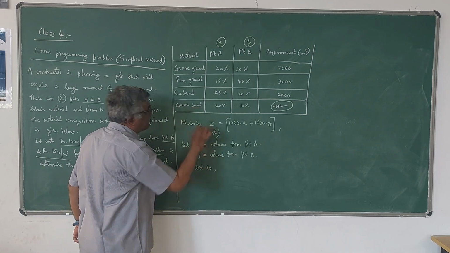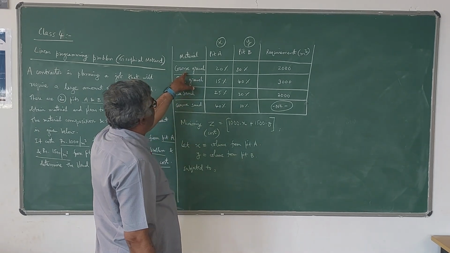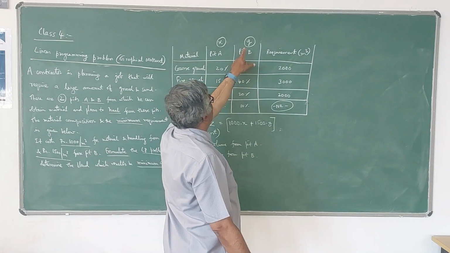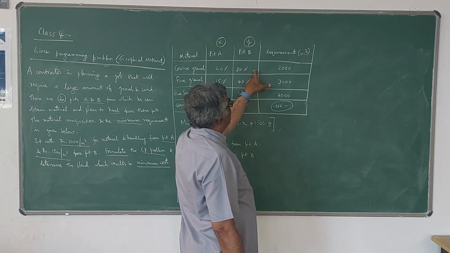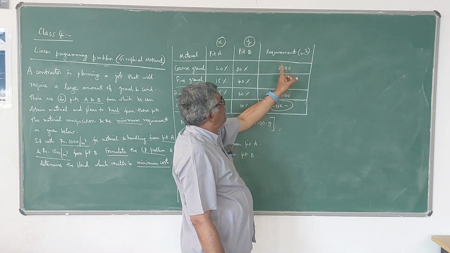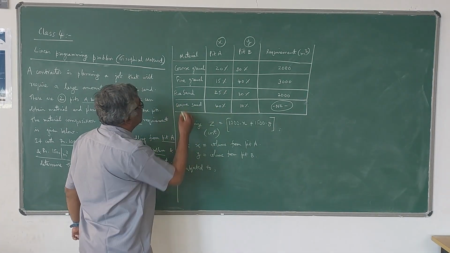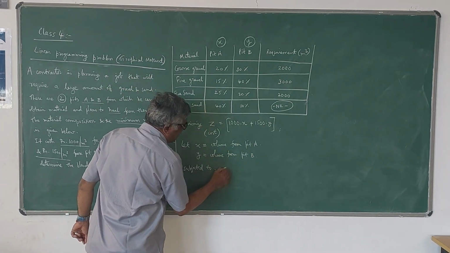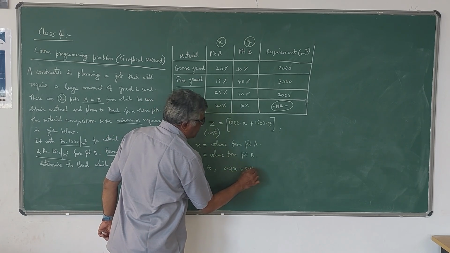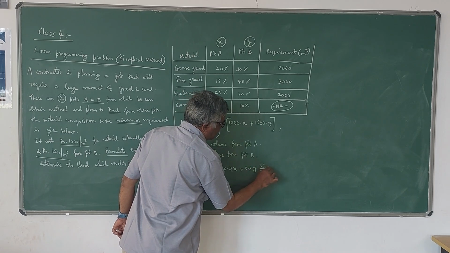He has given in this table the constraints. So the constraint for coarse gravel will be 20% of X plus 30% of Y should be greater than or equal to 2000, because this is the minimum requirement. Minimum requirement is 2000, therefore it should be greater. So the equation of 20% means it is 0.2 times X plus 30% means 0.3 times Y should be greater than or equal to 2000.